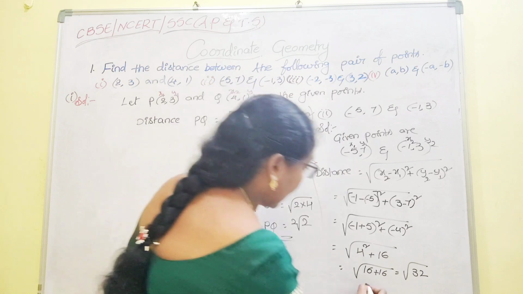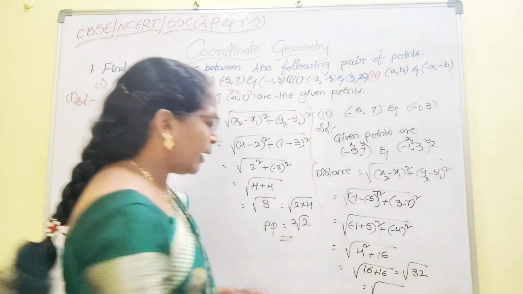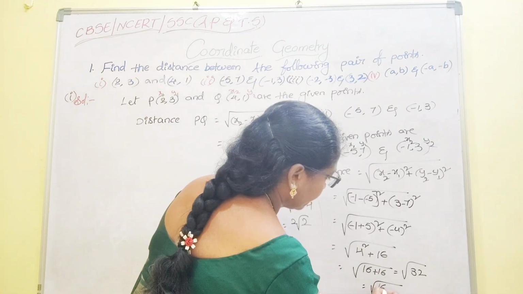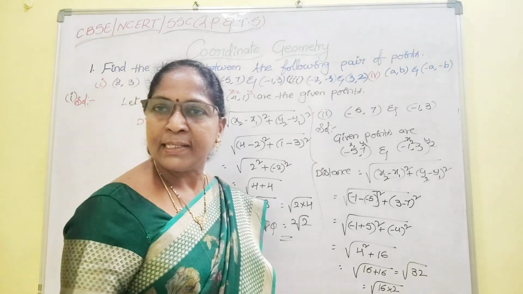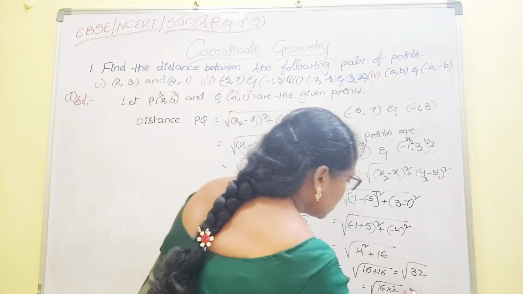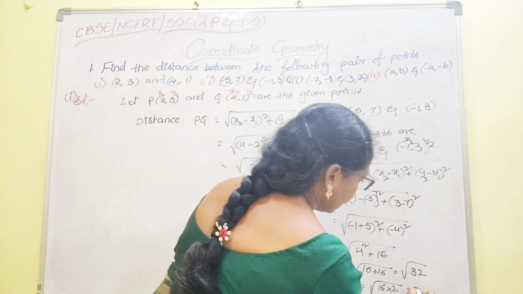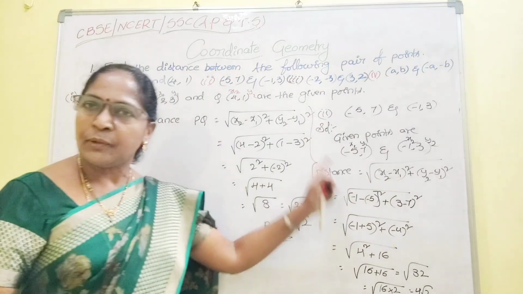This can be written as square root of 16 times 2. Why? Because 16 is a perfect square number. So square root of 16 equals 4 and this one is root 2. Answer is 4 root 2.